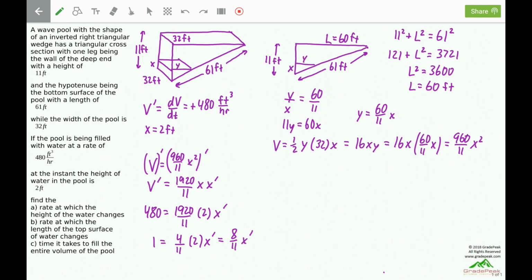So now we can solve for x prime. And x prime will equal, multiply by 11, divide by 8, 11 over 8.